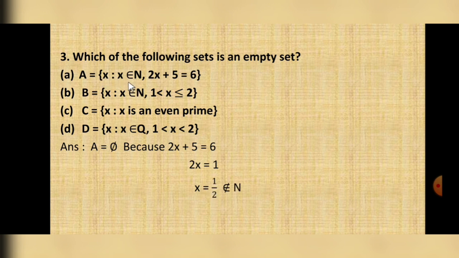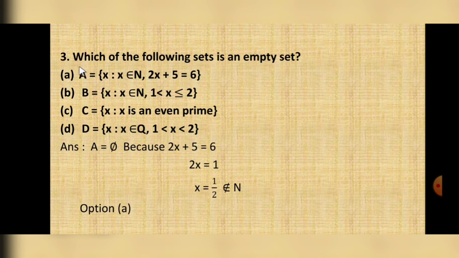So already your condition is x belongs to N, meaning natural numbers. But here the answer we got is x equal to 1 by 2. This number does not belong to the set of natural numbers. Means the given set A is an empty set. So therefore option A is the correct one.